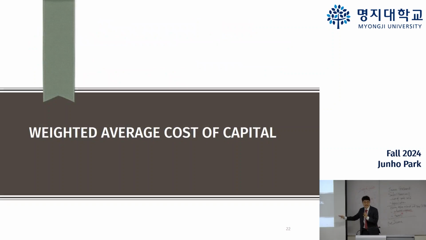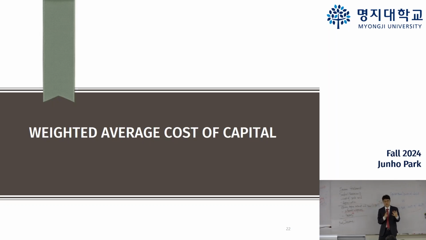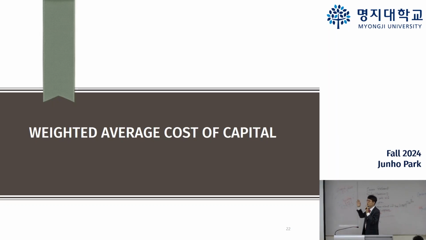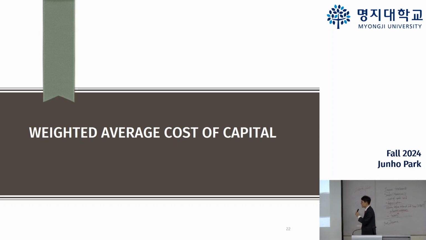So now we have talked about three different costs. We talked about cost of equity, cost of debt, and the cost of preferred stock. And we want to combine them into one simple measure to be used as the discount factor, and that will be called the weighted average cost of capital.